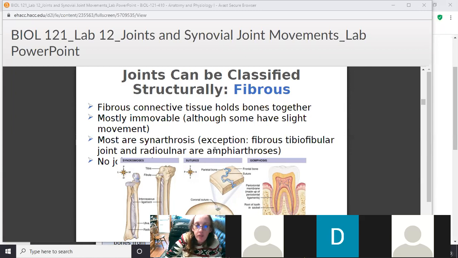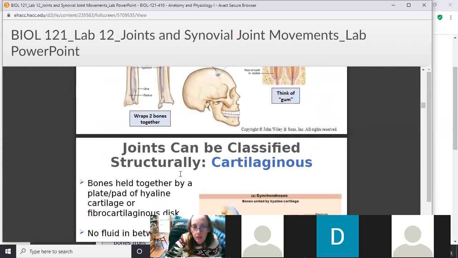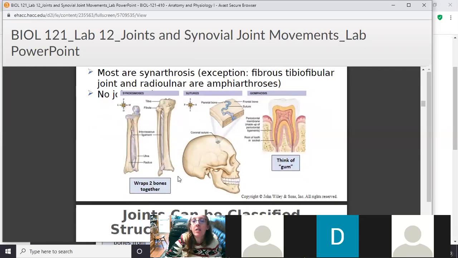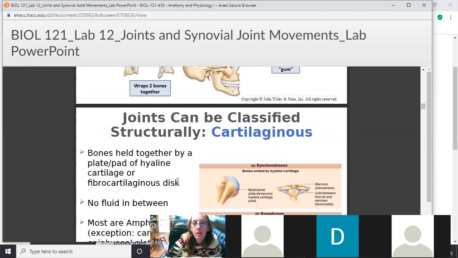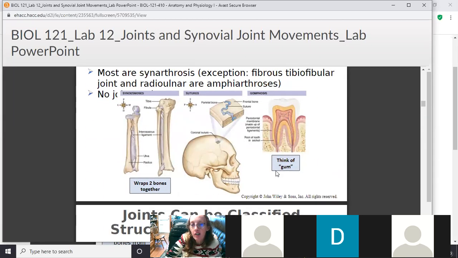It wraps the two bones together, the interosseous membranes and interosseous ligaments. So it would also be a fibrous joint.